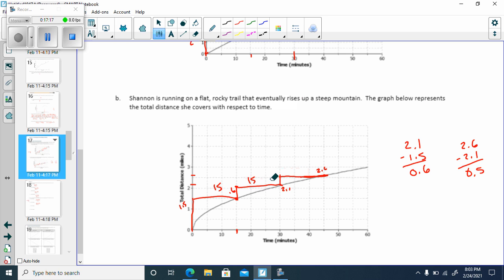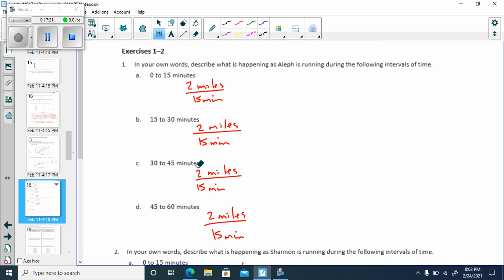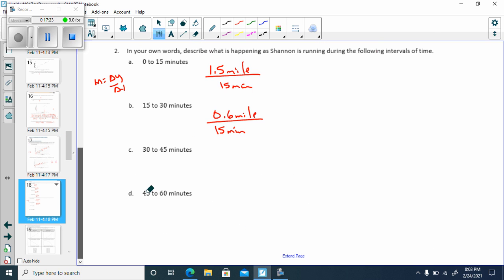So that is 0.5 miles in 15 minutes. Half a mile in 15 minutes. See, she's getting slower as she goes, isn't she? The harder it is to go up the mountain, her rate is going slower.